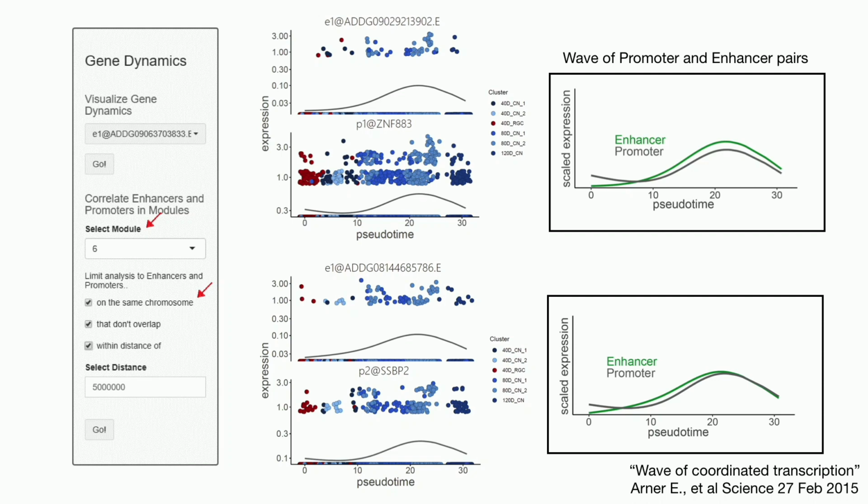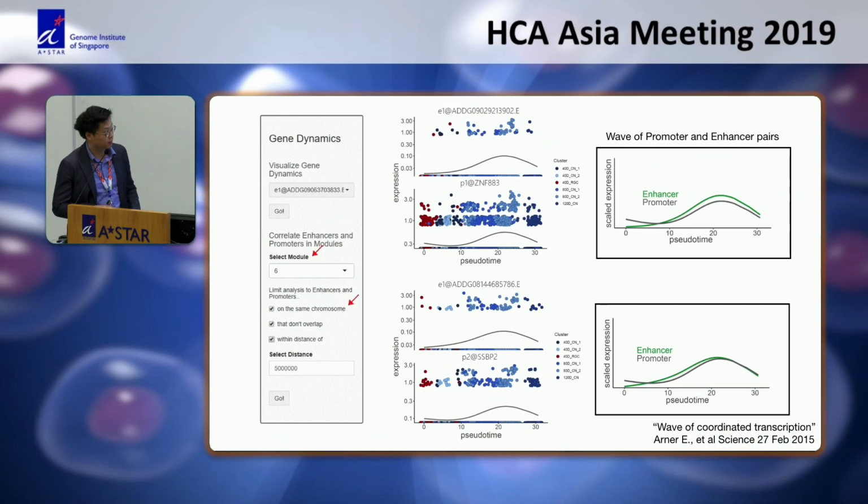And can we then use single cell RNA sequencing 5' strategy to understand the dynamics of enhancer and promoter interactions? So hopefully this Shiny app will be available to many of you. Again, this is just examples of what you can select from this. And hopefully this will make a lot of biologists happy to engage and explore the data on their own.